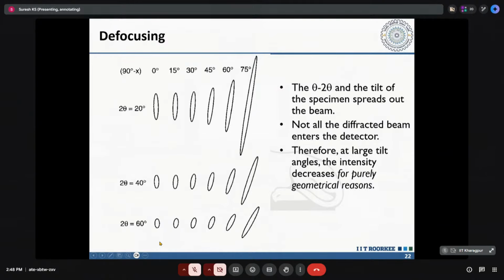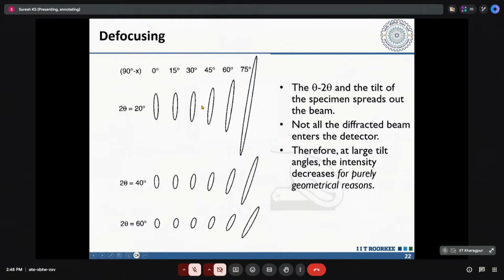But most likely you won't go to a 2 theta of 90 degrees, but always you are going to have a smaller inclination. At smaller inclination, the circle is going to be in the shape of an ellipse, and when we are tilting along this chi axis, this ellipse also gets tilted.